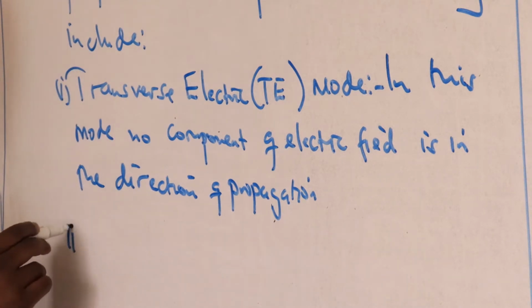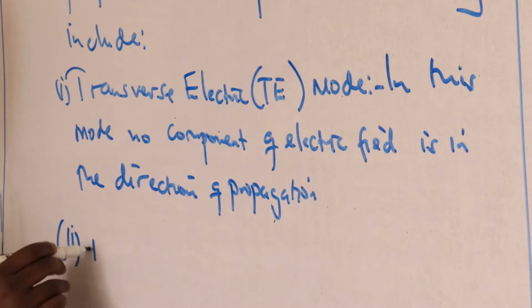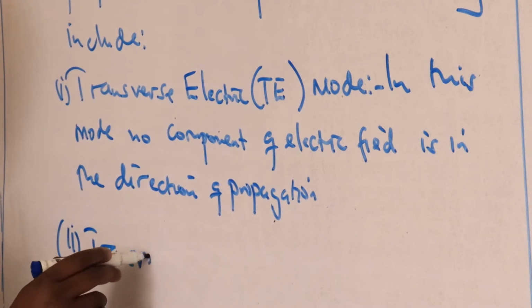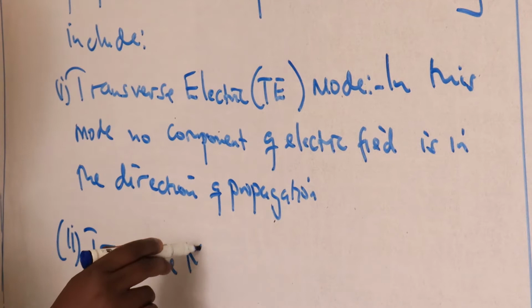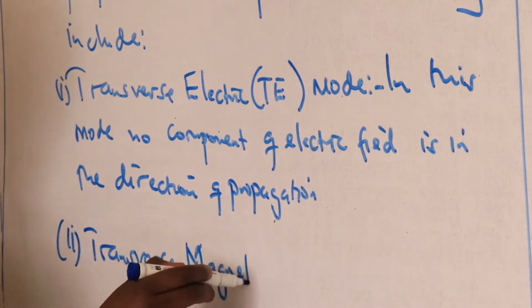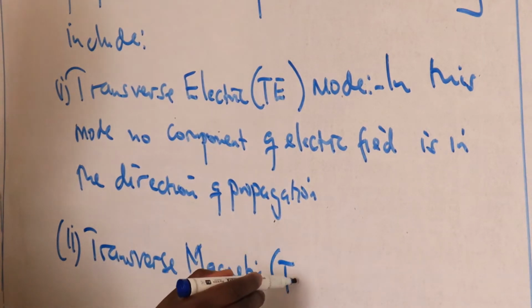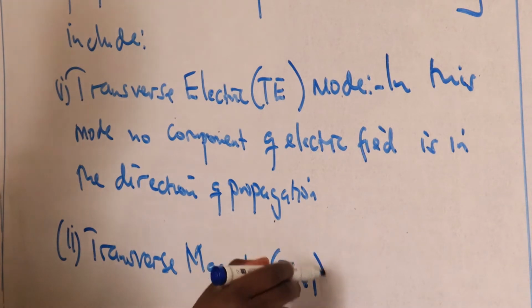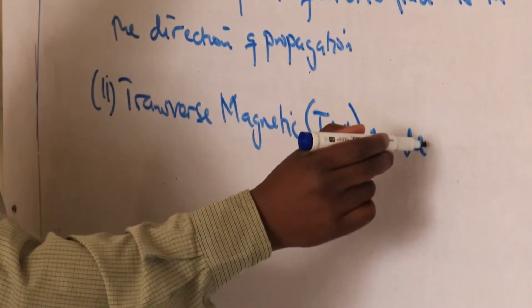Then we go to Roman number 2, which is transverse magnetic, the first TM mode.